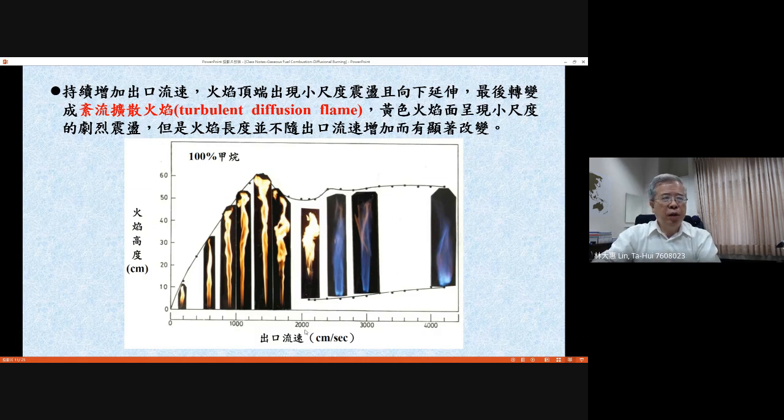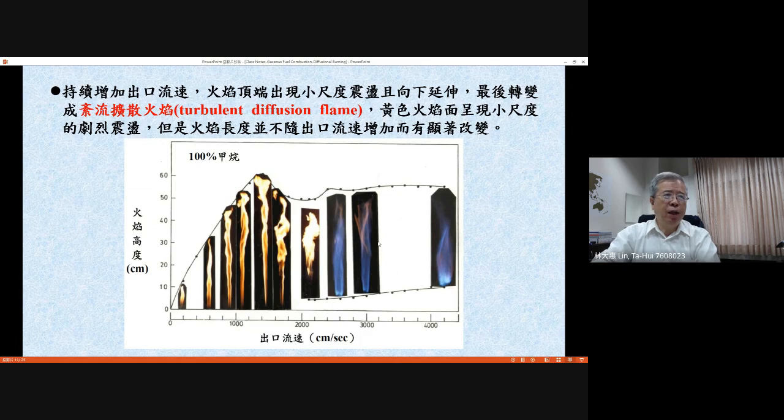If you increase the flow injection velocity higher than 2,000 centimeter per second, the flame becomes a turbulent diffusion flame, and the color changes from yellow to blue. This is the first one you need to observe.